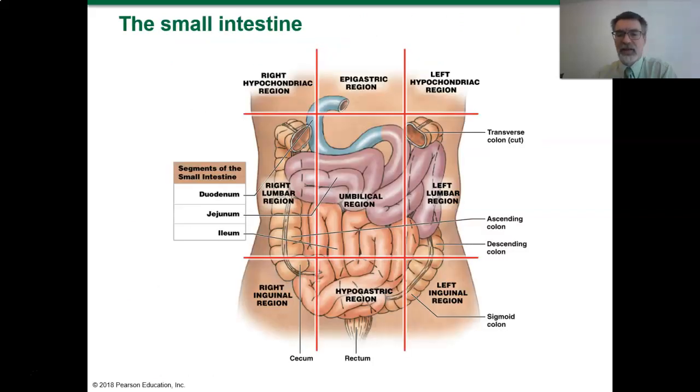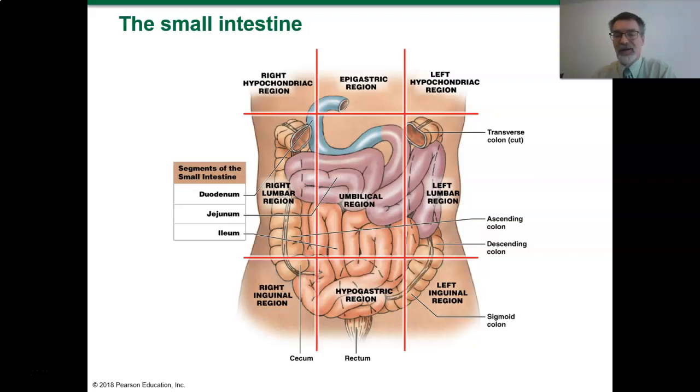So going back to that tic-tac-toe region of the body we learned in AP1, we can see the digestive system is throughout the tic-tac-toe region. So if you're having an issue with your digestive system, you might have discomfort in various regions, but it might be localized.